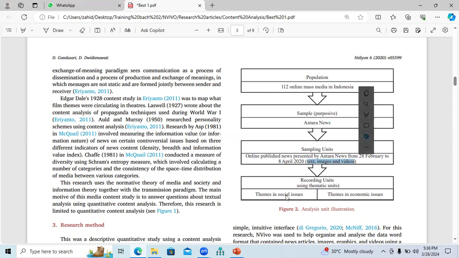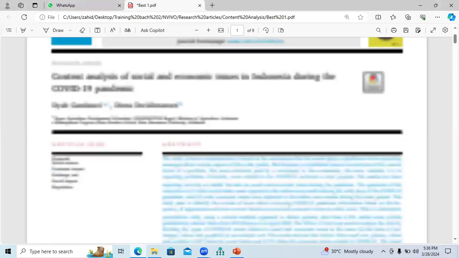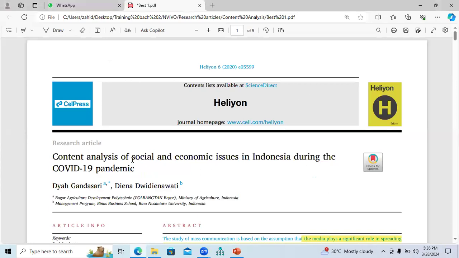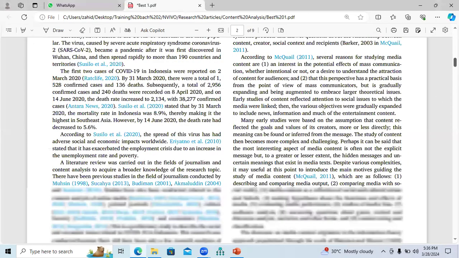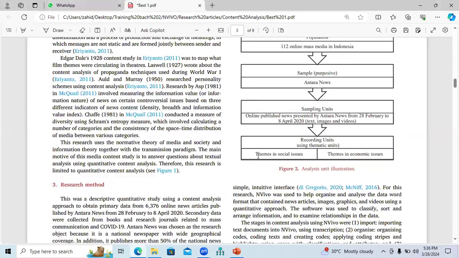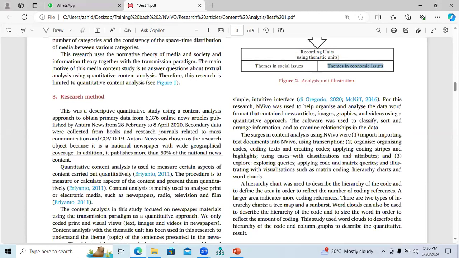And they created themes regarding social issues and economic issues as per the title of the study. If you see the title of the study, it is basically the content analysis of social and economic issues. So their major themes are social and economic issues. So they have created their themes.